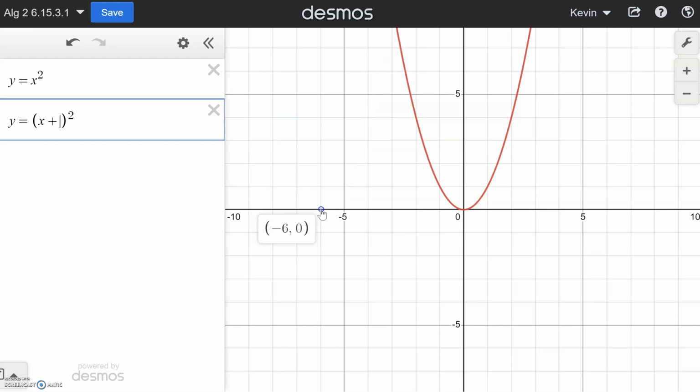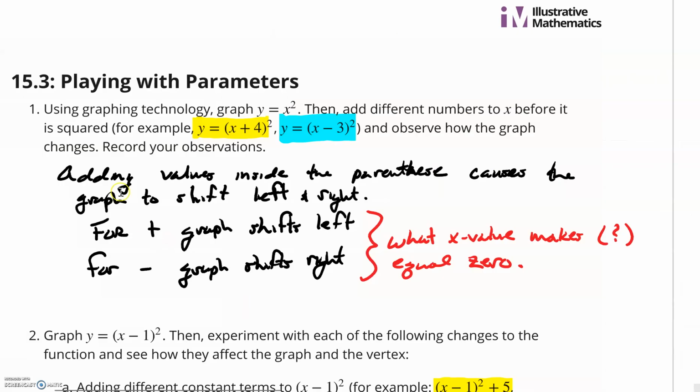If I add 4, it should move over to -4, and it did. If I add 2, it should move to the left 2 units, which would put me at -2. So adding inside the parentheses moves my graph to the left. Subtracting inside the parentheses moves my graph to the right.